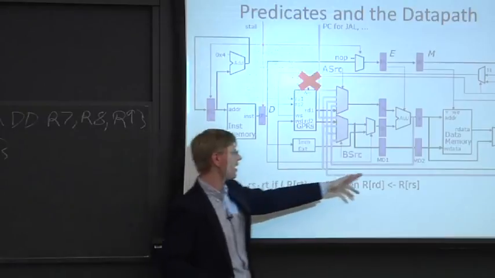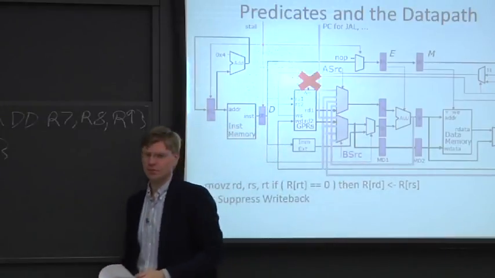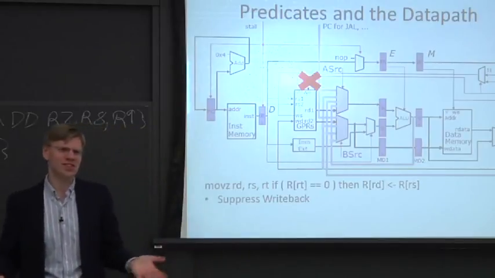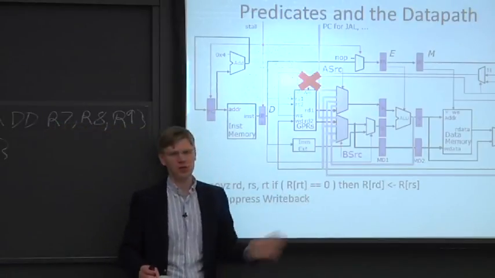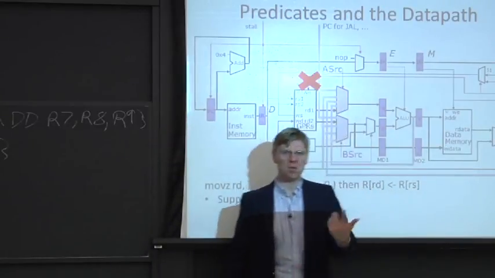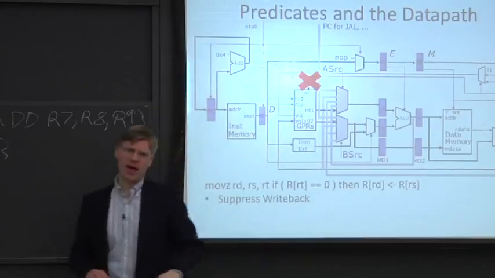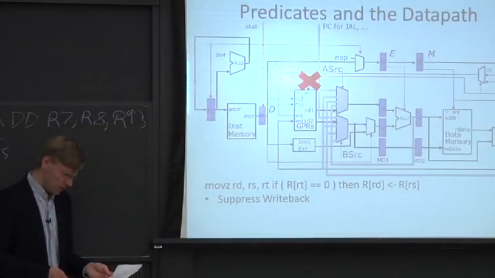So let's think about how to actually bypass out for this conditional move instruction. Because conditional move, it's just a simple comparison with 0. We should be able to do that in one cycle. We don't really have to wait to the end of the pipe to do that. And we want to be able to bypass it into a back-to-back instruction. OK, so how do we do that?